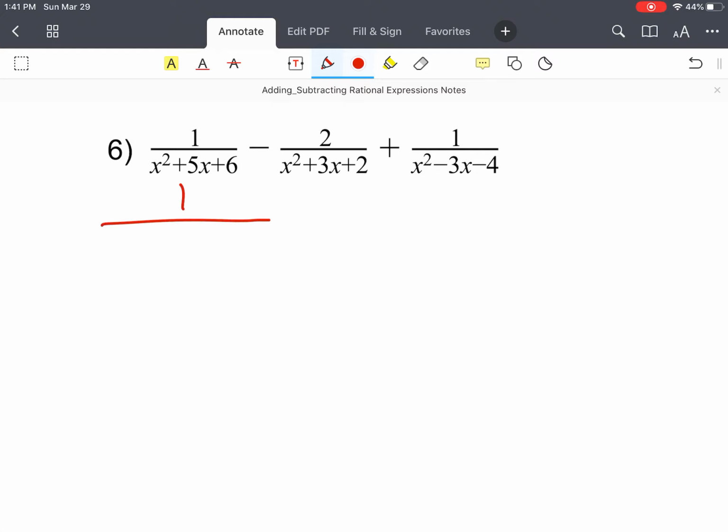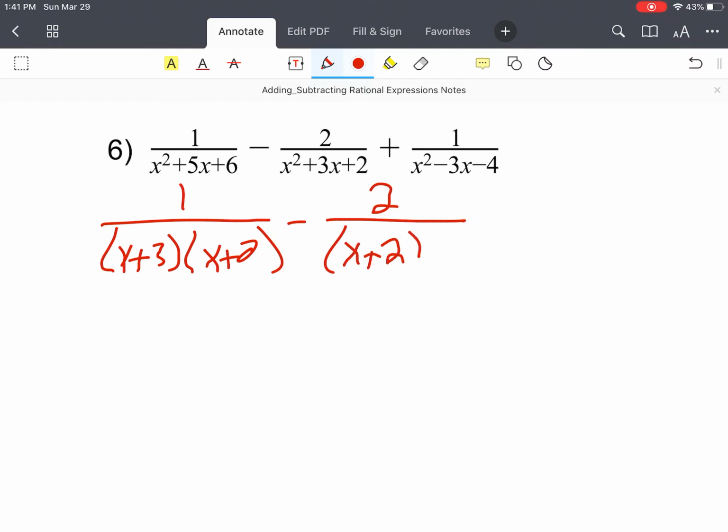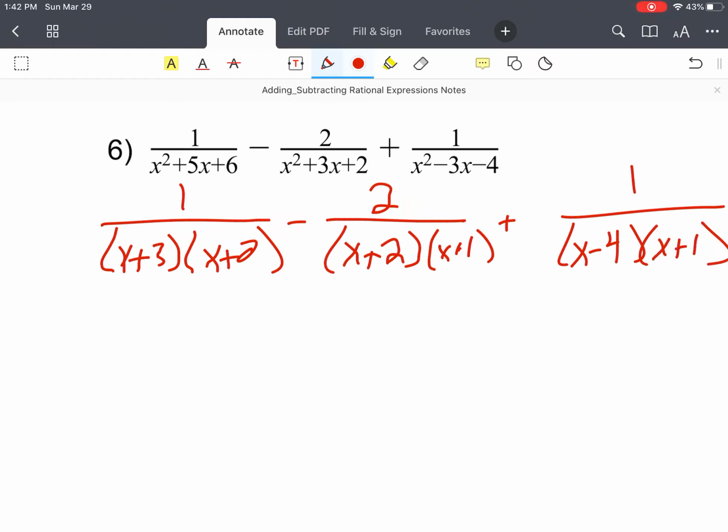Okay, so this one, I have 1 over x plus 3 times x plus 2, minus 2 over x plus 2 times x plus 1, plus 1 over x minus 4 times x plus 1.